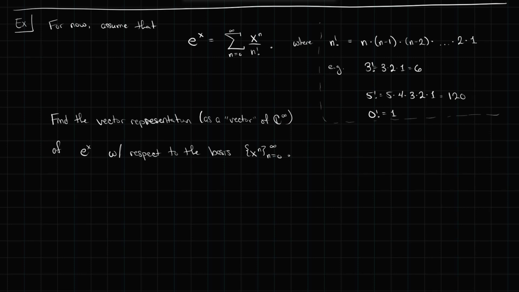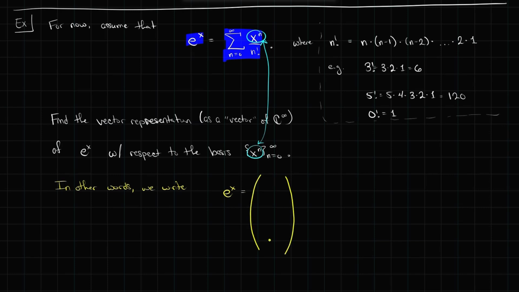So because the exponential has a representation where you're taking a sum of these basis elements, then you can actually represent it as a vector where you're extracting the coefficients. In other words, we write e to the x is equal to some giant column here, and we'll just put some dots at the end of the column because it continues forever. But it's with respect to this basis, x to the n, when n starts at 0 and ends at infinity.